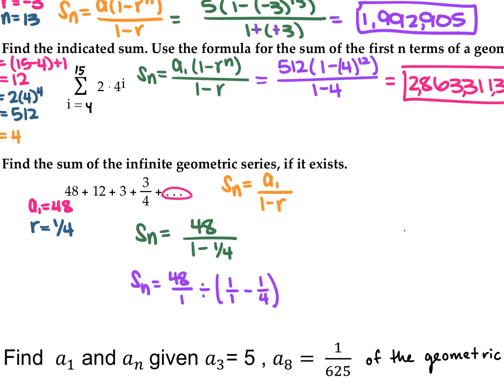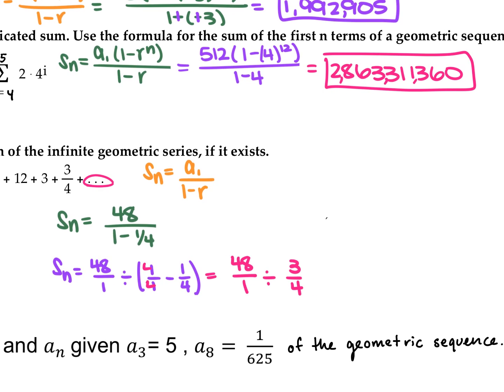You cannot subtract those two fractions, so we turn it into 4 over 4 minus 1/4, giving 48 over 1 divided by 3 over 4. Keep, change, flip: 48 over 1 times 4 over 3. 3 becomes 1, 48 turns into 16. 16 times 4 gives you an infinite sum of 64.